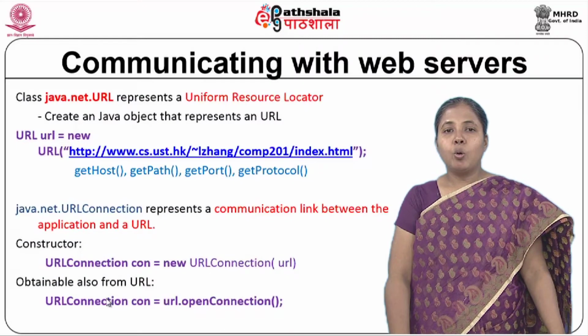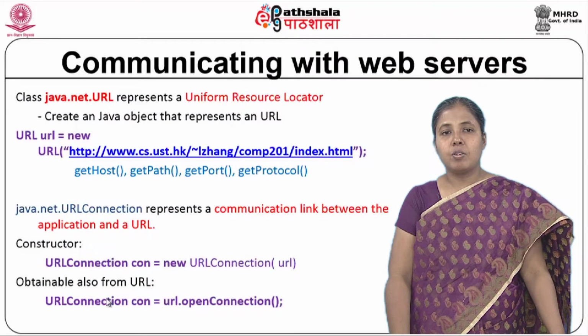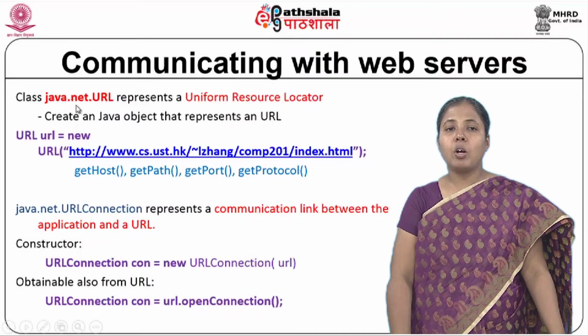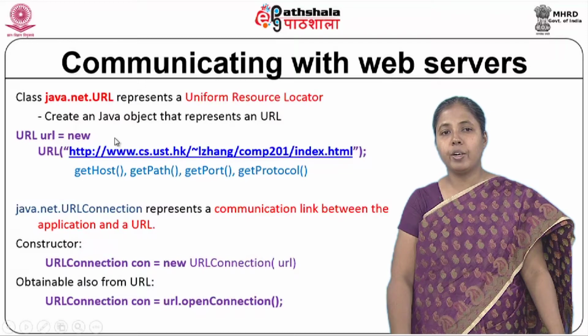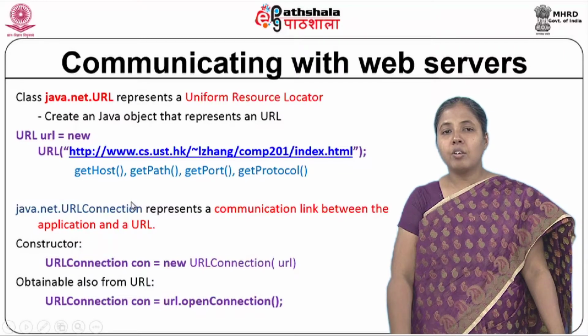And now let us see how we communicate with the web servers. Here we now need to know more clearly about the URL class. The class java.net.URL represents a Uniform Resource Locator, and that would create a Java object that represents a URL.